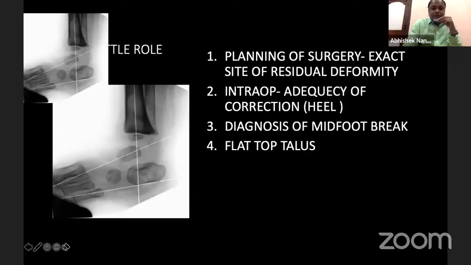laxity, both are associated. So what is the role of X-ray? Generally CTEV is a clinical diagnosis, but there is a role of X-ray. X-rays are generally done for planning of surgery, so that we know the exact site of residual deformity. Intra-op, we can see the adequacy of correction by noting the position of the heel. A diagnosis of midfoot break can be confirmed using a stress view.